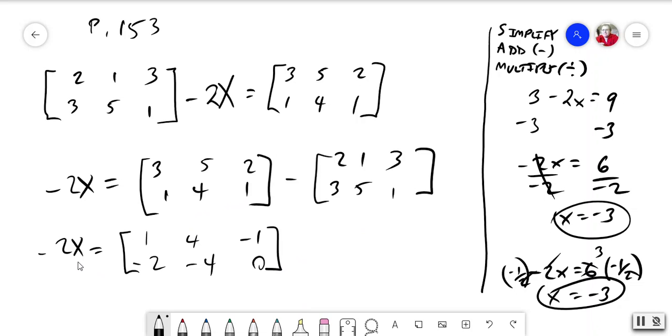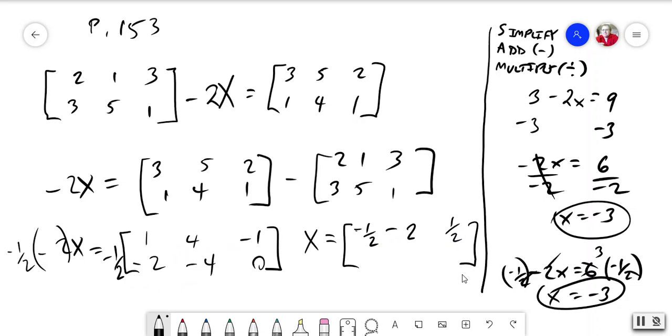Well, I have to get rid of the negative 2. I have to get x by itself. So I multiply it by negative 1/2, which means I have to multiply this whole thing by negative 1/2. So that leaves me x by itself. Negative 1/2 times 1 is negative 1/2. Negative 1/2 times 4, half of 4 is 2, it turns negative. Negative 1/2 times negative 1, negative times a negative is a positive.